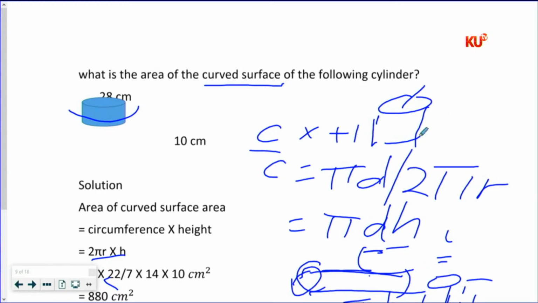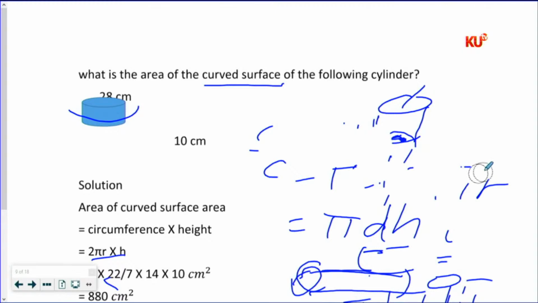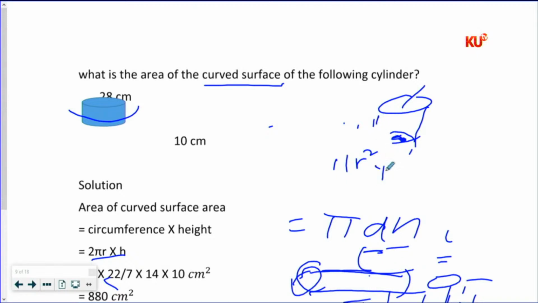The formula we use will have the area of the bottom part, which is a circular shape, giving us pi r squared, plus the area of the curved part, which will be pi d h.